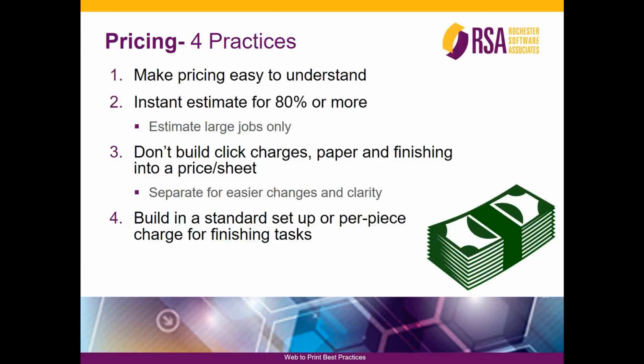At least in our system, you can set up a flat fee for the setup, and then you can add a per piece charge as well to cover your costs, so that longer runs build up more. That's really easy for your customers to understand, and it's consistent across all of your pricing, which is important.